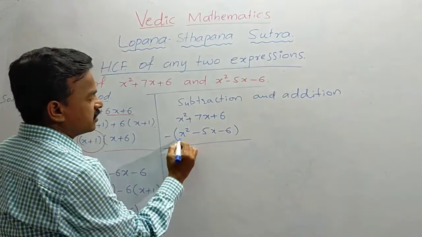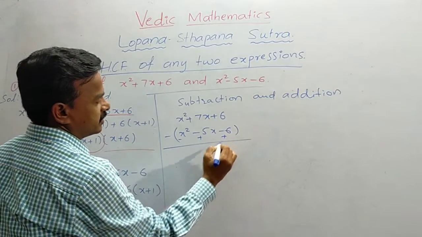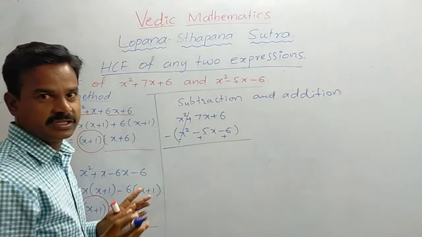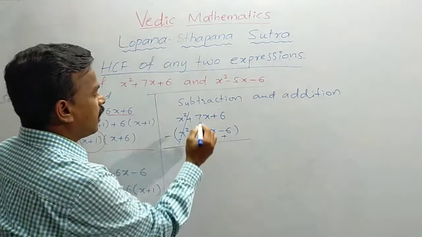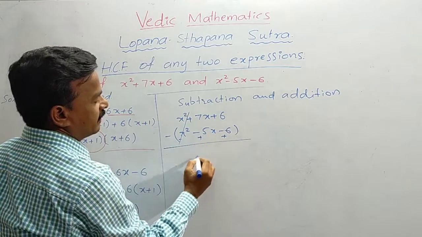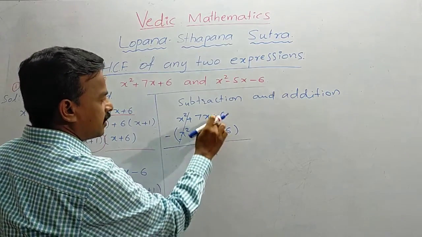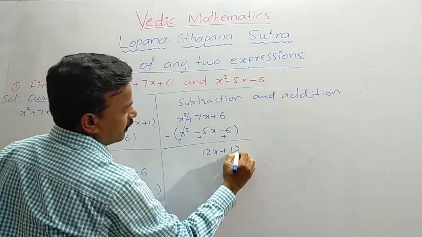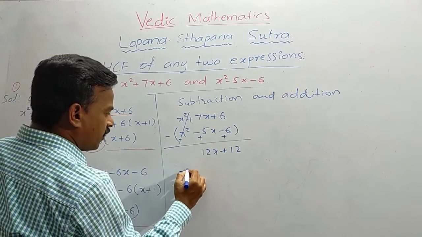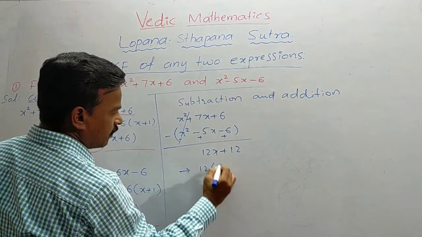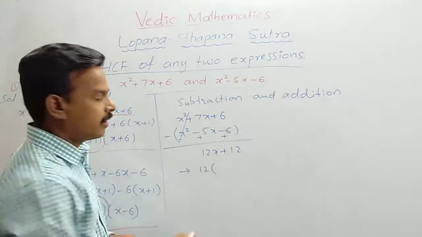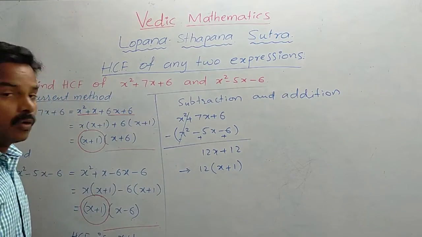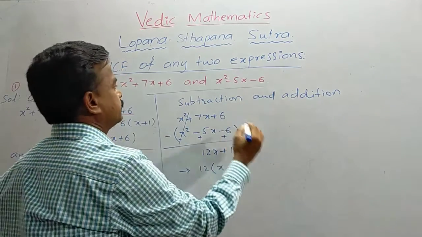In subtraction, the symbols will change. x square minus x square gets cancelled, that is 0, need not write any term. 7x plus 5x is 12x, and 6 plus 6 is 12. If we take common 12 from this expression, we get x plus 1.